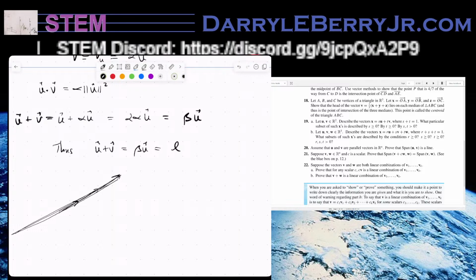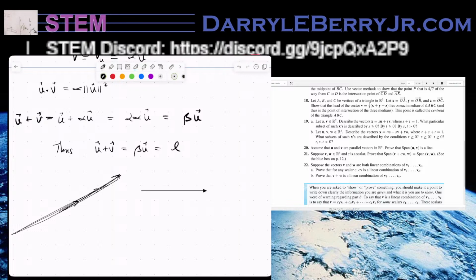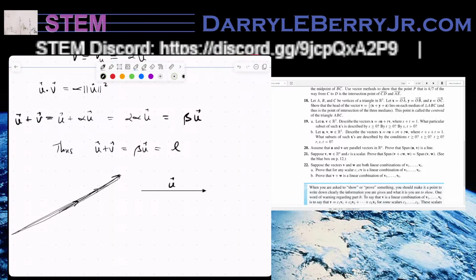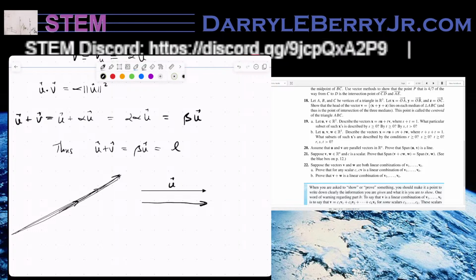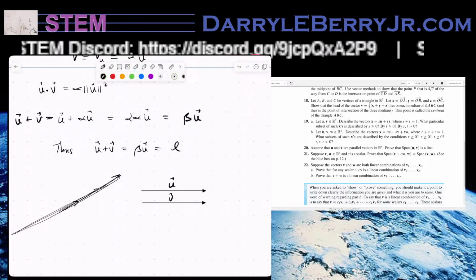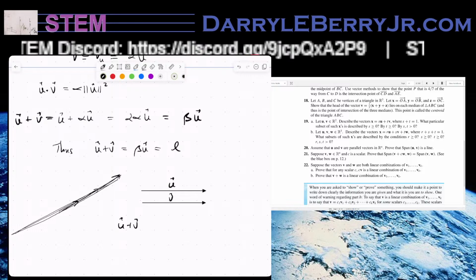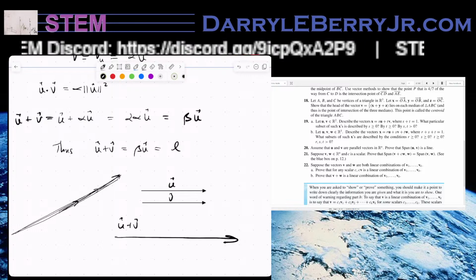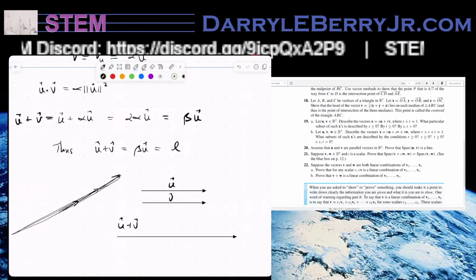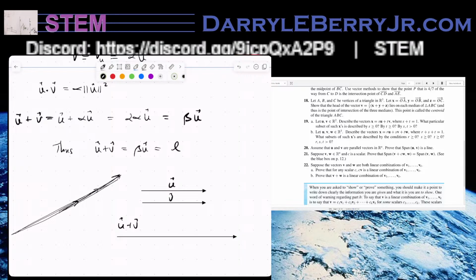It looks like in my original proof, I also wrote them going in the same direction, which means that u plus v is double the length of those in the same direction, which is still a line because they're parallel. So it's good to have an illustration as well.